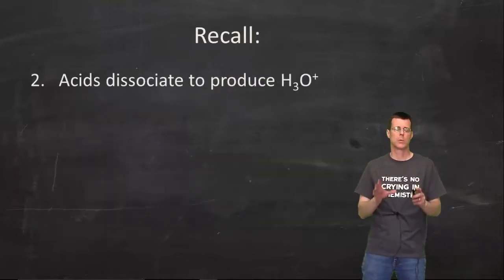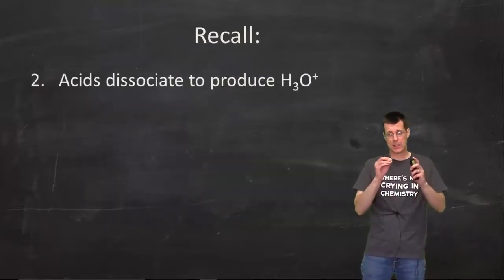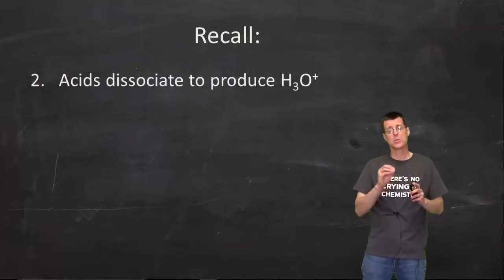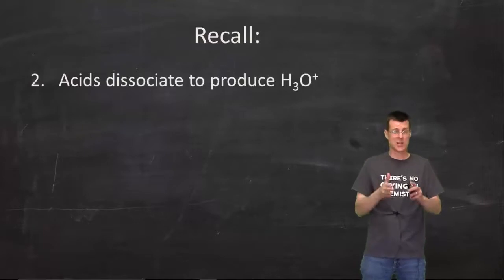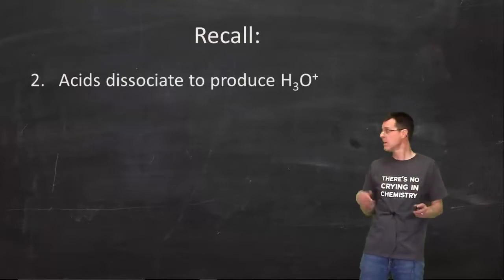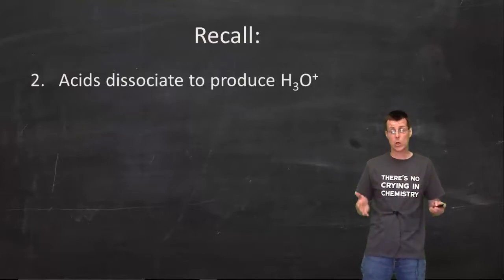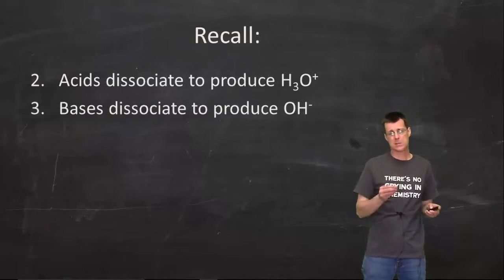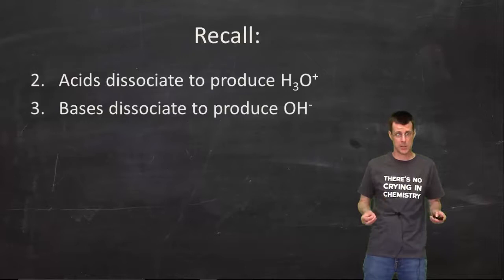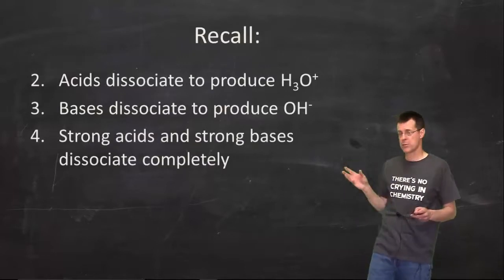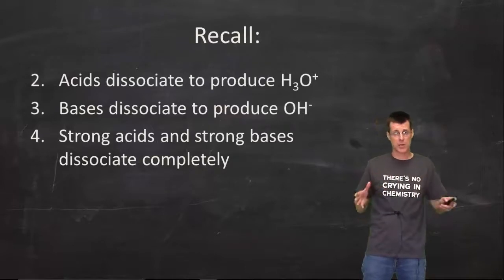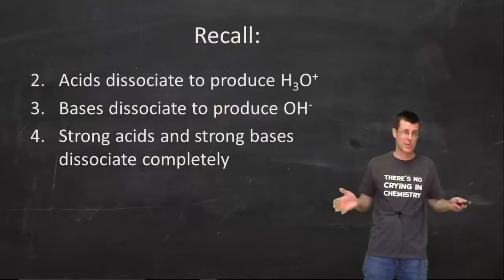Second thing that we already know about acids is that acids will produce in solution some hydronium ion. Now you might see it just as a hydrogen ion, an H+. I typically draw the H3O+. And bases, they're going to dissociate or some way or another produce hydroxide ion. And then the fourth thing that is going to be true for acids and bases is that there are strong acids and strong bases versus weak ones.